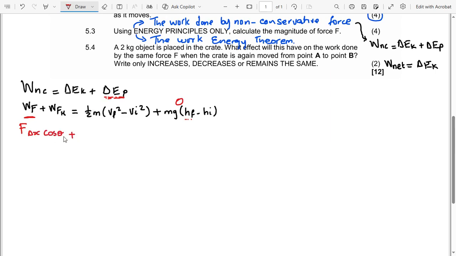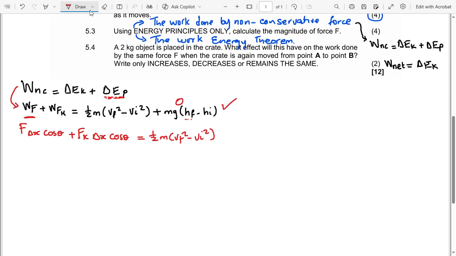Then I need to add this with the work done by the frictional force, which is Fk, the delta X, the cos of theta. We equate this to half mass into Vf squared minus V initial. Remember, plus 0, so it's just 0. This is what I'm going to do. But when you write your equation, there's a mark for this equation. Just make sure that you write everything in that form.